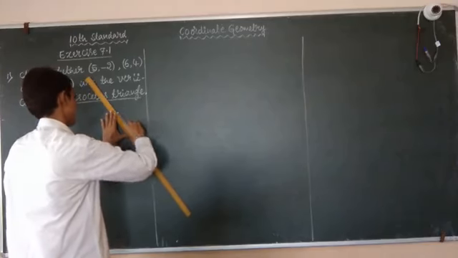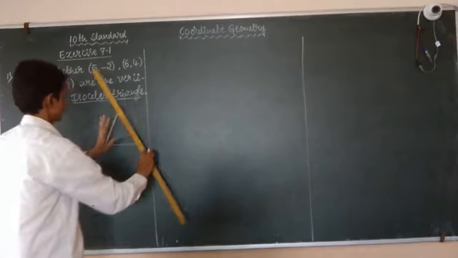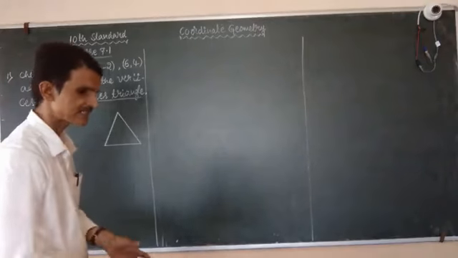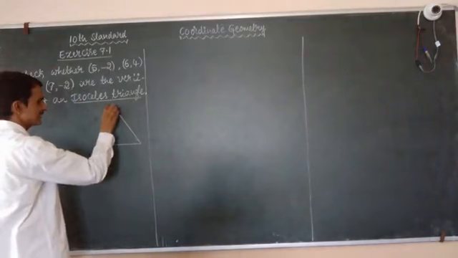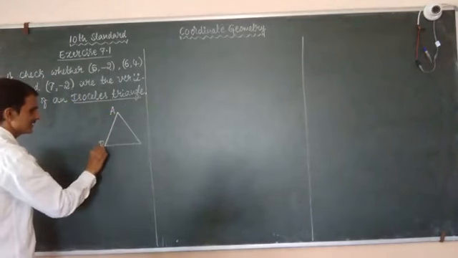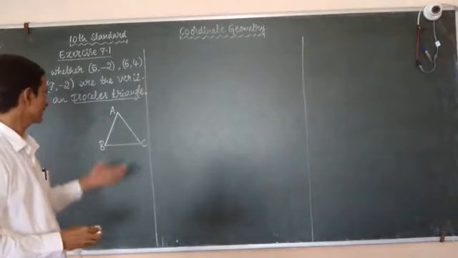This is a triangle. I will name it ABC. You can give any name or any alphabetical letter to the triangle.